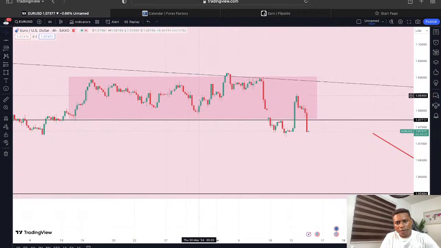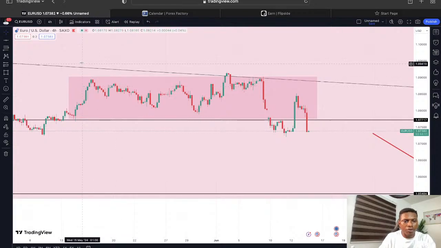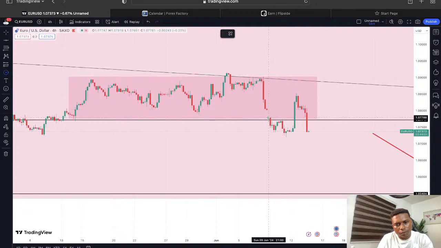So with the news yesterday, we saw a breakout of that level, as you can see here. Let me get something to map that level. As you can see, a breakout happened at this level out of this ranging market.